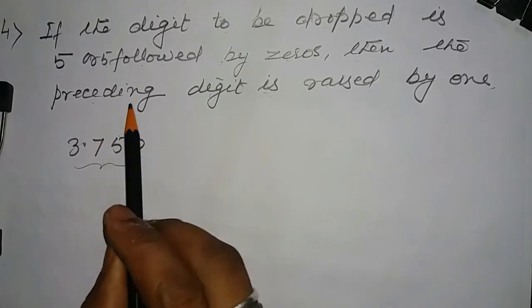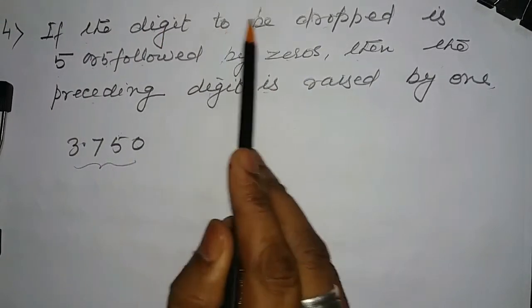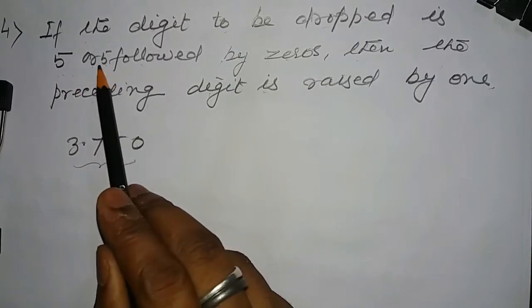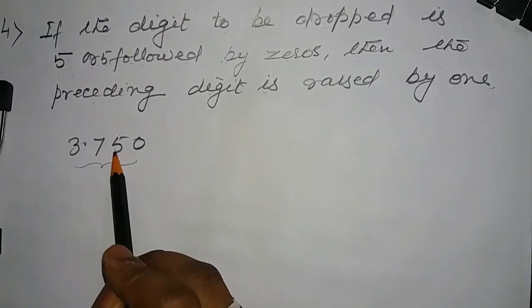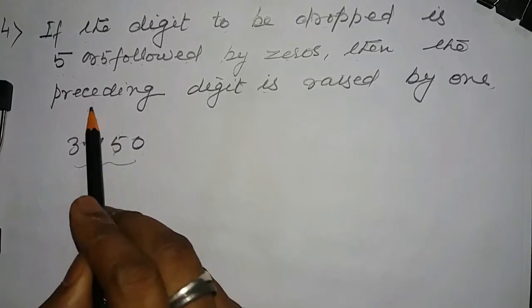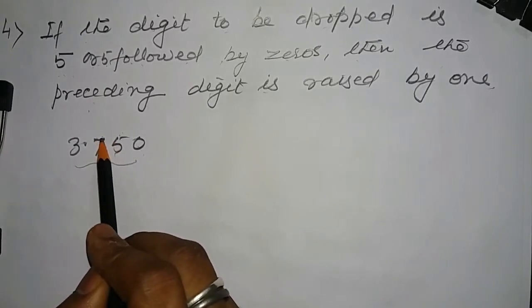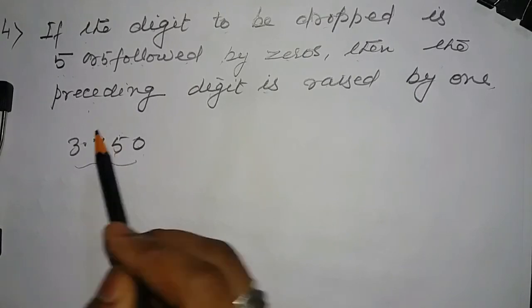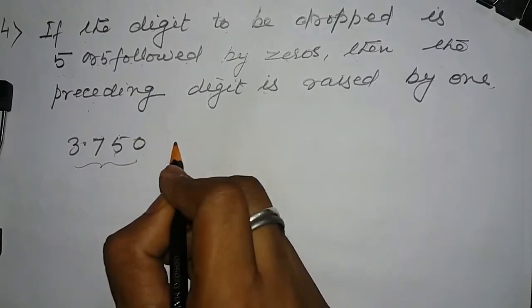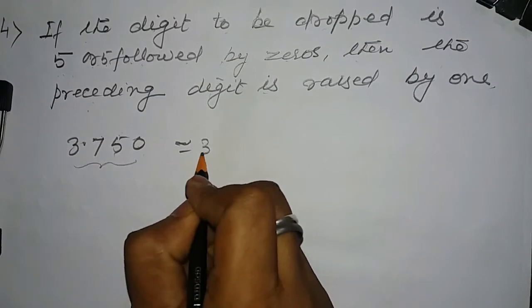Then if the digit to be dropped is 5 or 5 followed by 0, here 5 is followed by 0, then the preceding digit, this 7, is raised by 1 if it is odd. This will be 3.8.